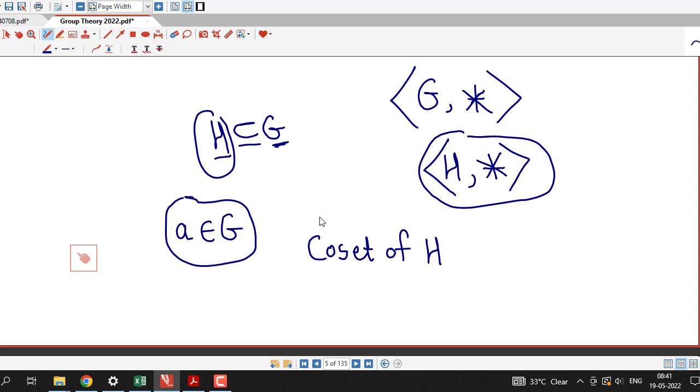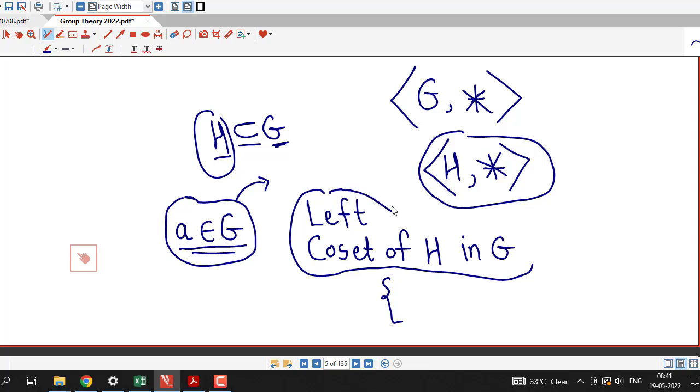Now there are two types of cosets, left coset and right coset. Suppose I want to define the left coset of H in G. Here a is any element of G, and we are defining the left coset of H in G corresponding to this element a.